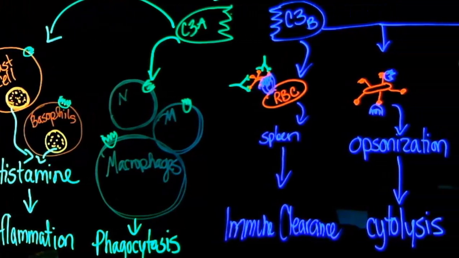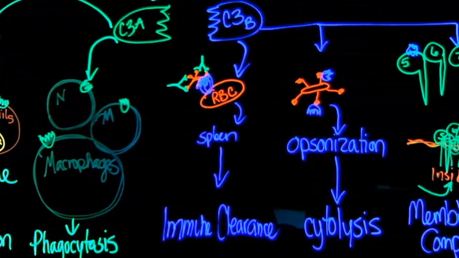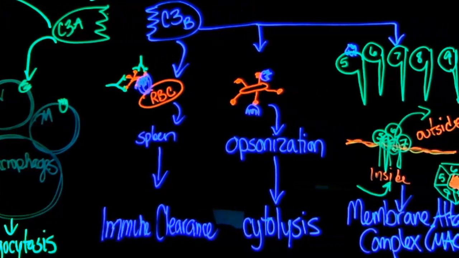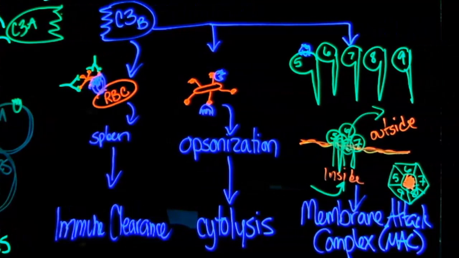Simultaneously, the other half of the inactive complement 3, the piece known as complement C3b, is going to do some additional signaling. One potential signaling mechanism of C3b involves helping connect red blood cells to pathogens that are bound by antibody-antigen complexes.